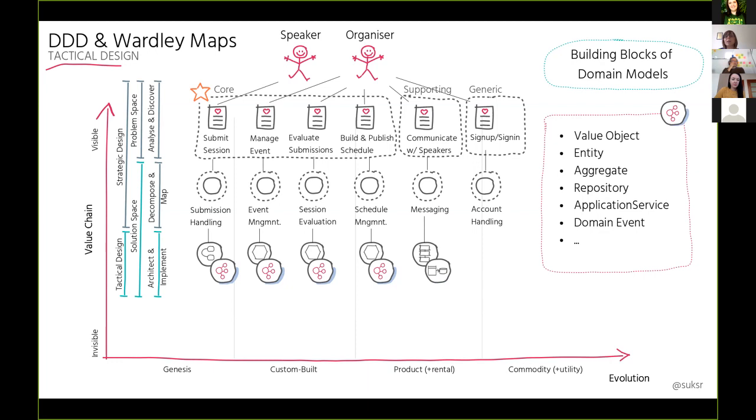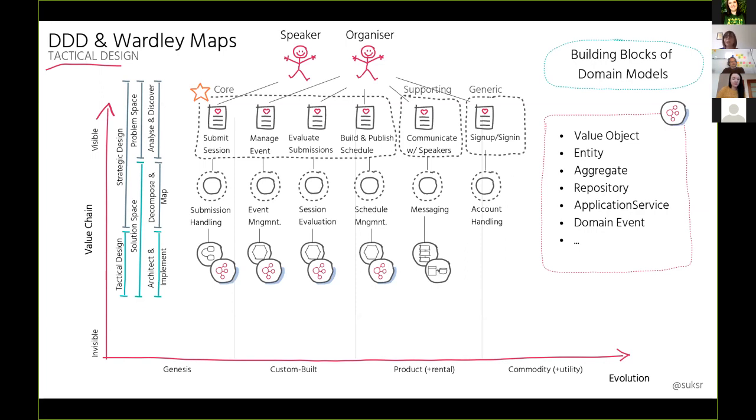Or the aggregate itself, that is composed of the entity that is identified by a unique ID, and its state can change over time. The aggregate is composed of entities and value objects and represents a hierarchy of objects, draws a clear consistency boundary and can act as a transactional boundary.